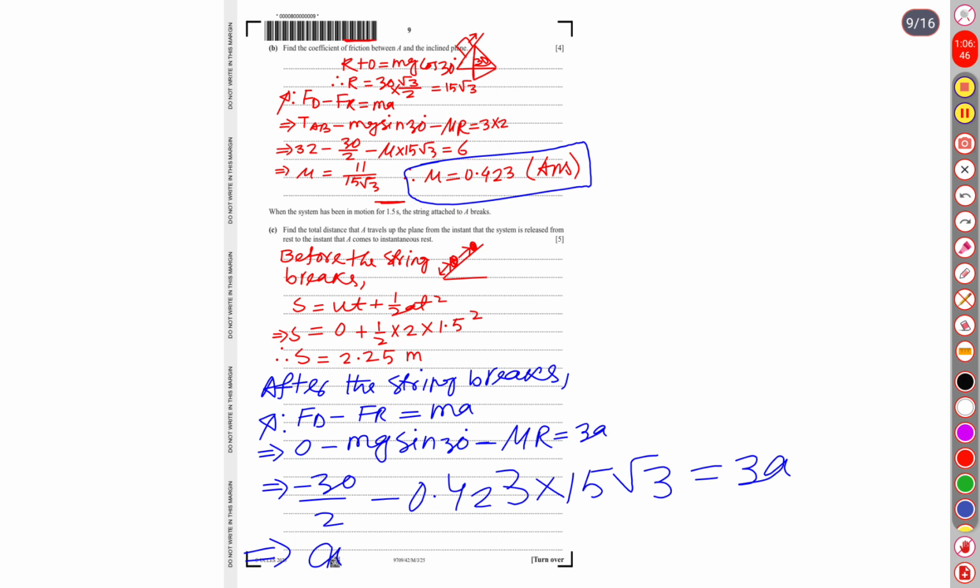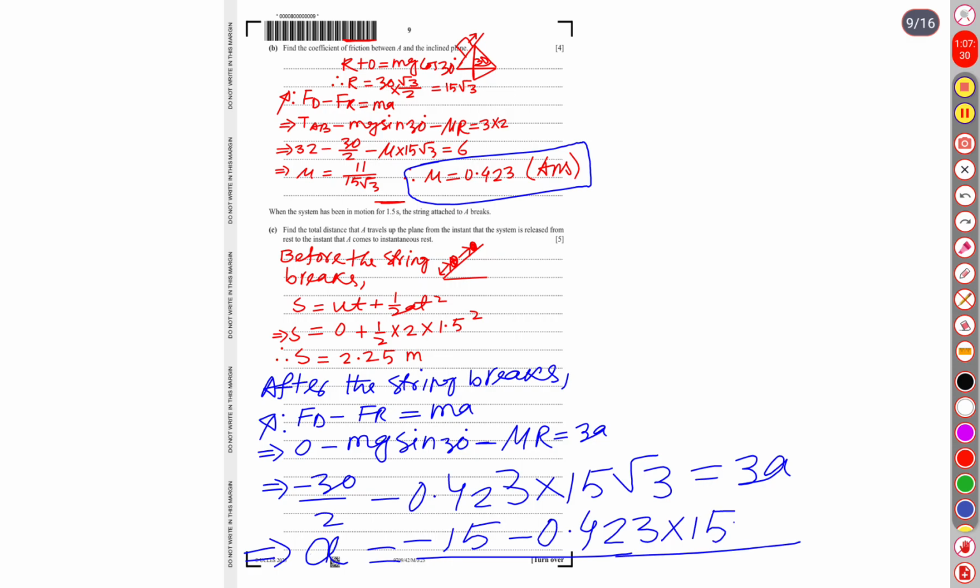Acceleration is equal to negative 15 minus 0.423 into 15 square root over 3, a whole of this divided by 3.